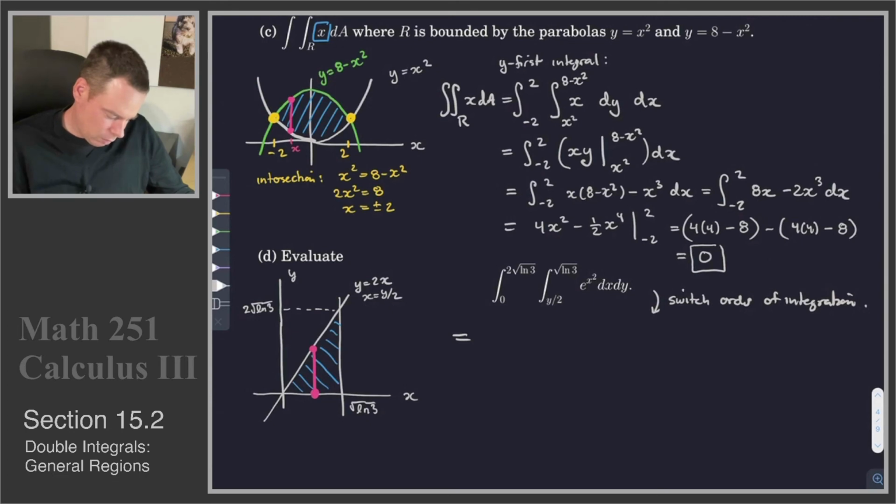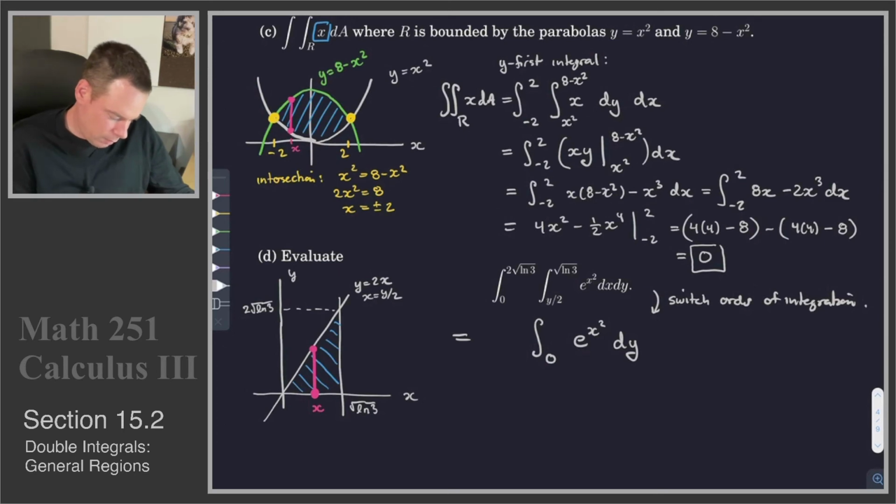So I've drawn a vertical line segment. That means I'm thinking for a particular x value, what are my y values ranging between? So we've got an e to the x squared. We are going to integrate with respect to y as y ranges over the values from 0 up to an expression in terms of x.